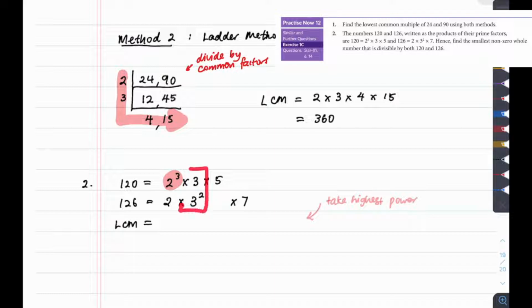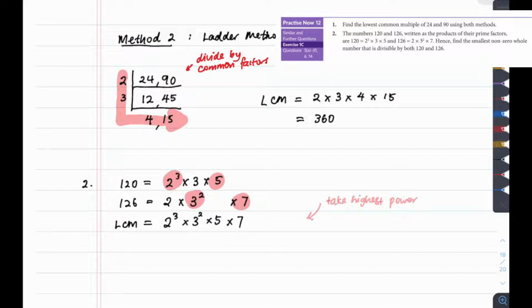Between 3 and 3 square, we will need to take 3 square. Between 5 and the empty gap, we will take 5 because it is a unique factor over here. Then between an empty gap and 7, we're going to get 7. Okay, so our LCM would be 2 cube times 3 square times 5 times 7.